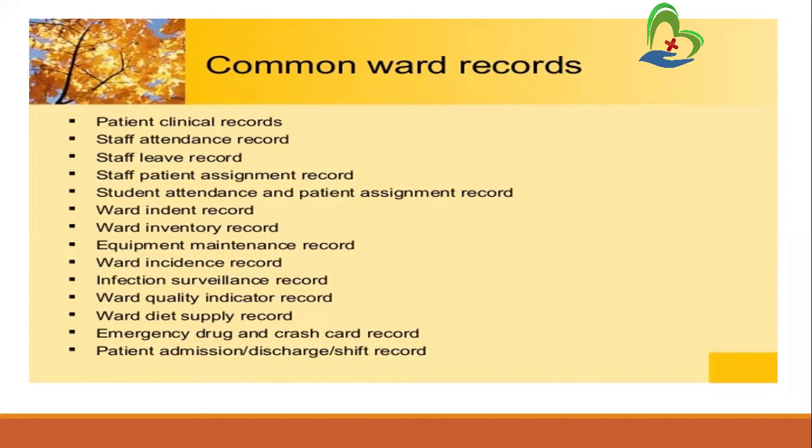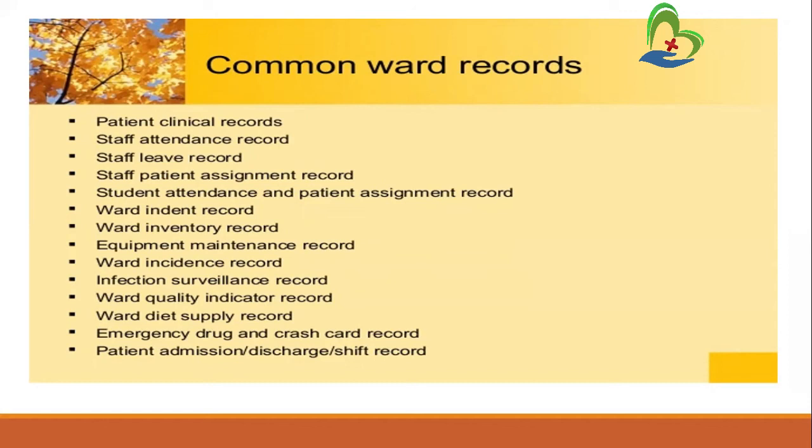Then ward incident record means any incident that occurs in the ward for a patient or for any staff should be maintained in the ward incident record. Then infection surveillance record, okay, for the prevention of infection we should keep a record of infection surveillance. Then ward quality indicator record, ward diet supply record, emergency drug crash cart trolley, so how much medication is used in the ward per day.